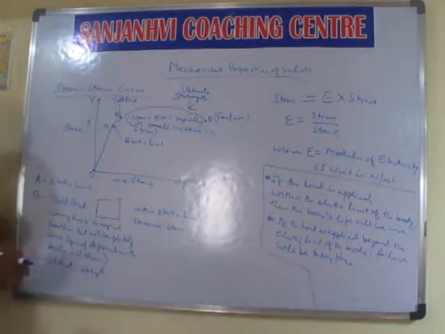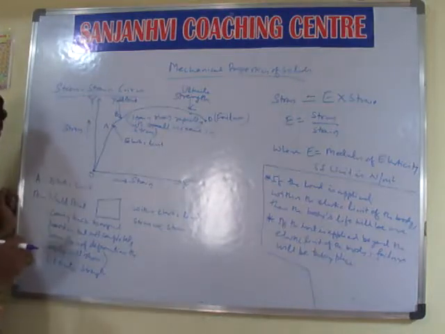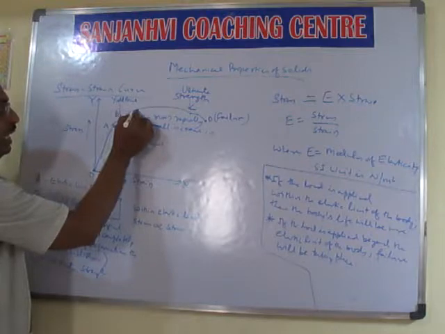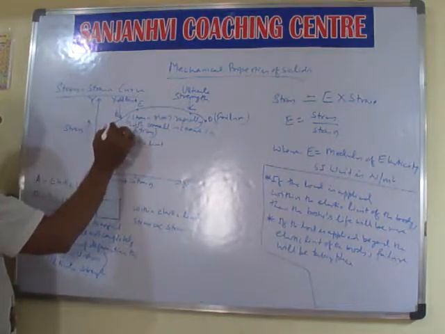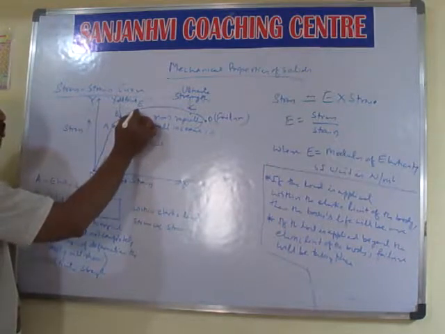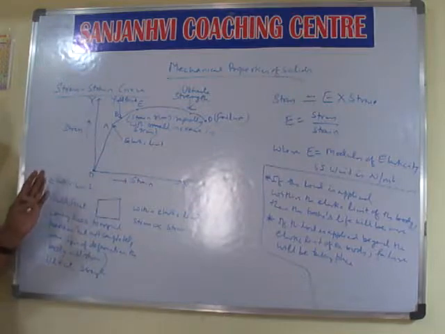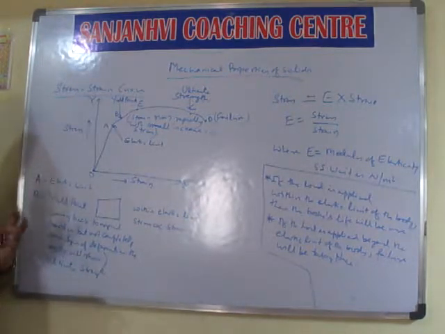Now suppose you have stretched a body up to the ultimate strength, or suppose at some particular point E, from the yield point, you have moved up to the point E, and you have left it. The body will not regain its original position.